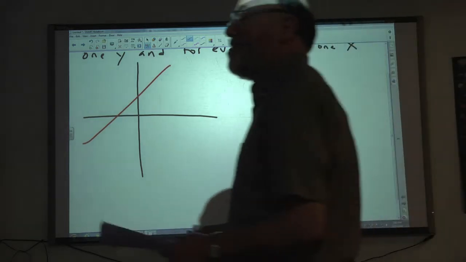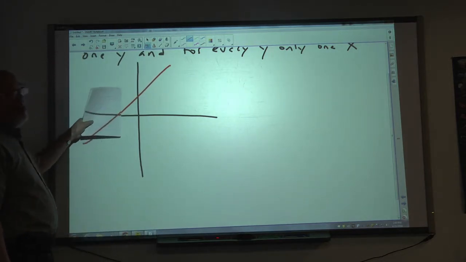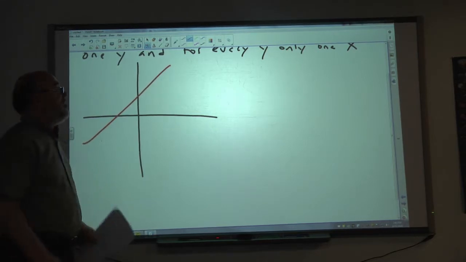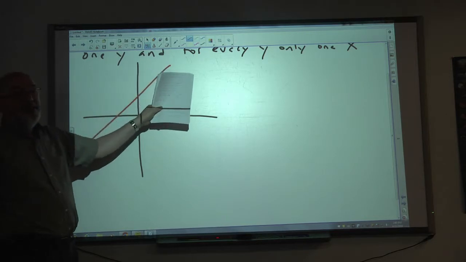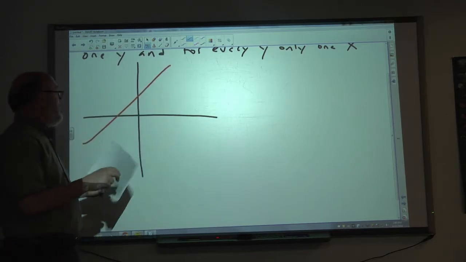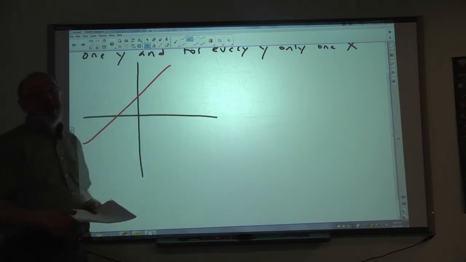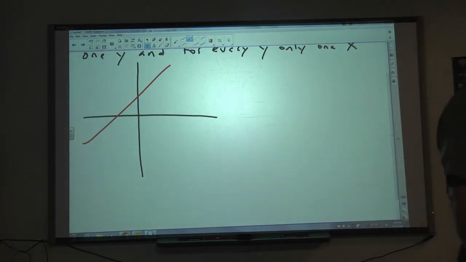We said the way you could tell was a function was that when you did this, it crossed everywhere at one point, right? Now the way you can also tell if it's 1-to-1 is it has to pass this test, but it also has to pass this test, right? So it's got to pass both the vertical and the horizontal line test, right? For it to be 1-to-1.